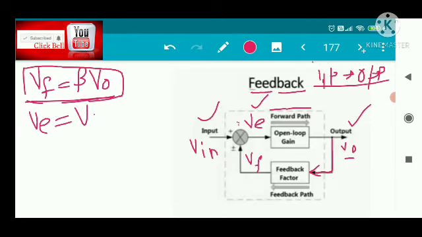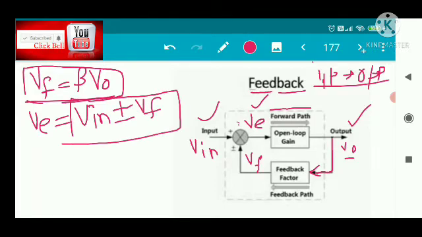So V can be represented as V in plus or minus VF. And this is the feedback path, the feedback path is beta. So V can also be written as V in plus VF.